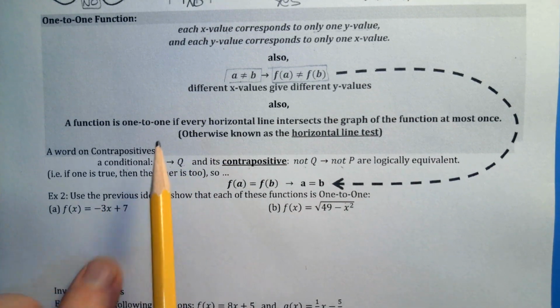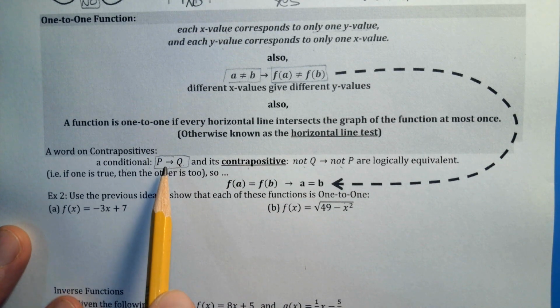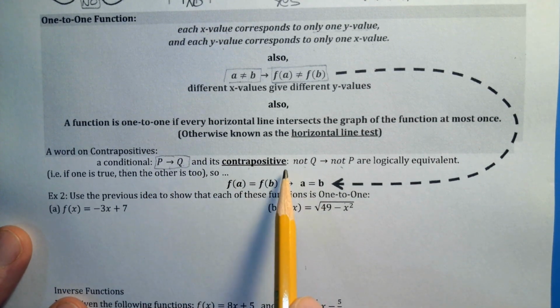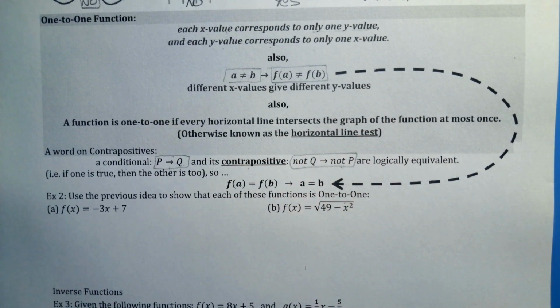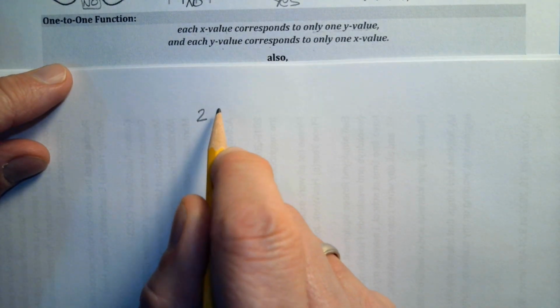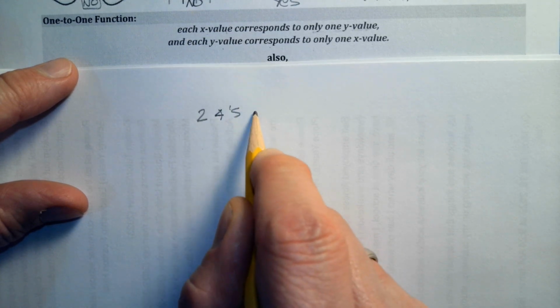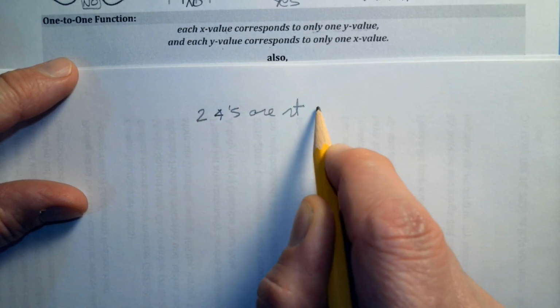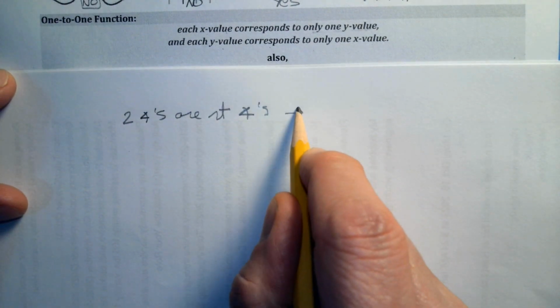And so if a conditional is true, like we have some kind of theorem in geometry, and it's true, then the contrapositive would also be true. So let me think of an example for that. So let's say we have, if two angles are right angles, then what?